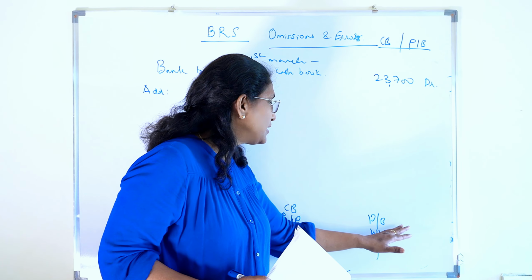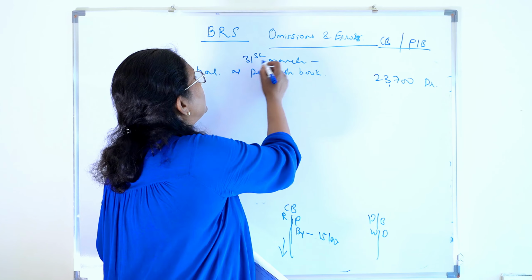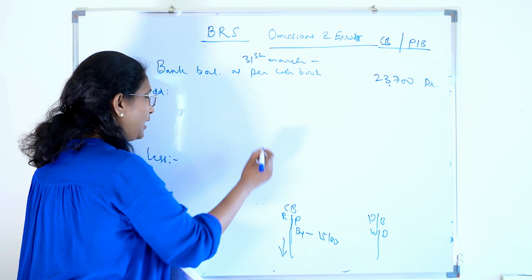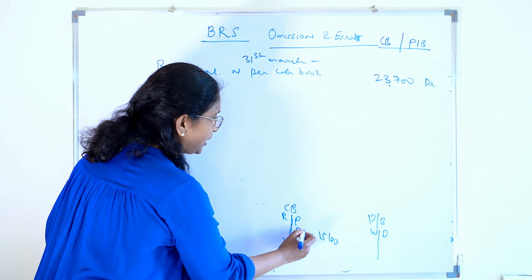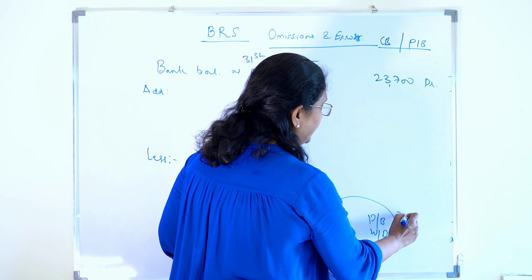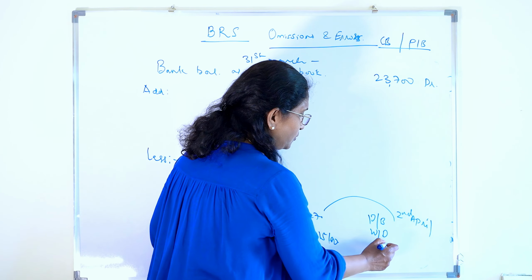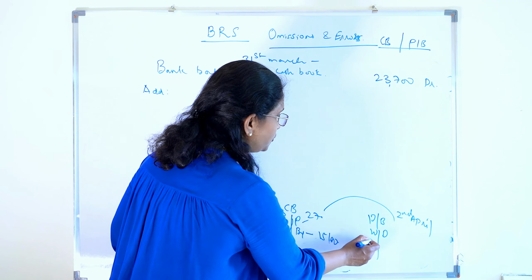The passbook as of that date does not show it, because the cheque issued on the 27th will be presented later, suppose on 2nd April. So this transaction has not come and is missing here. Basically, it should be a withdrawal.